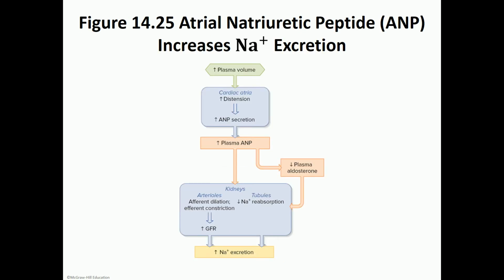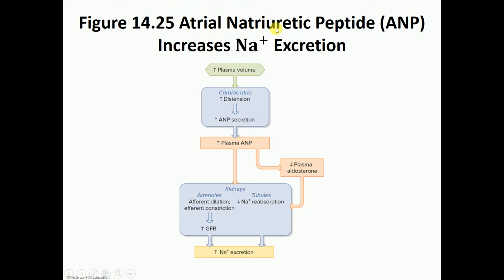A hormone made by the atria of the heart, known as the atrial natriuretic peptide, or ANP, increases the excretion of sodium, and you can guess that from the name. So atria means that it comes out of the atrium of the heart.